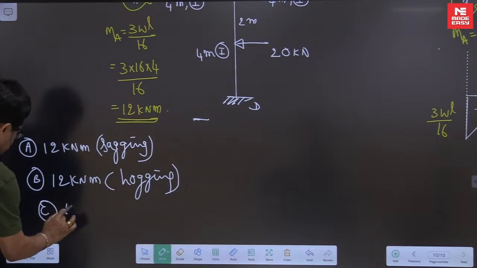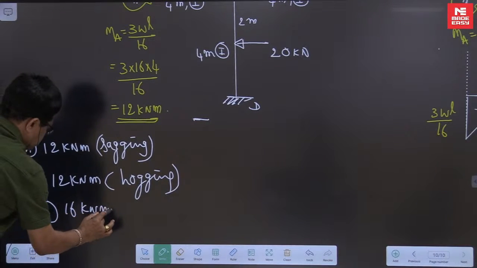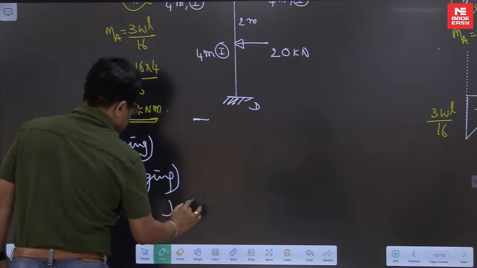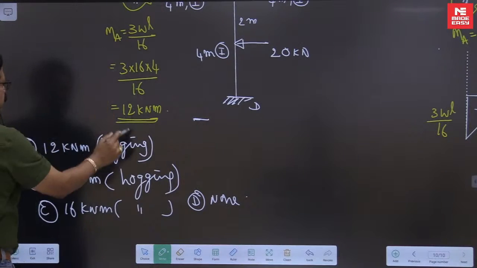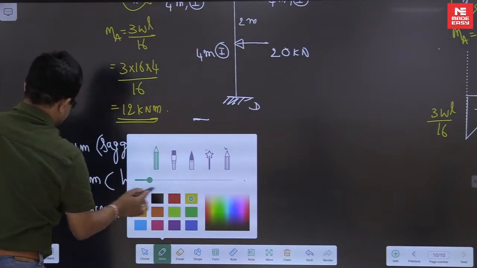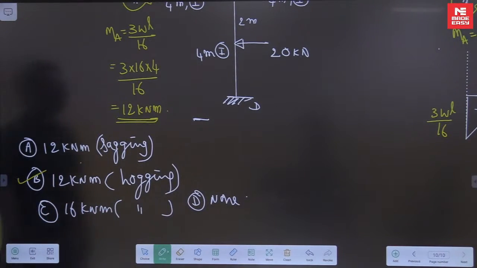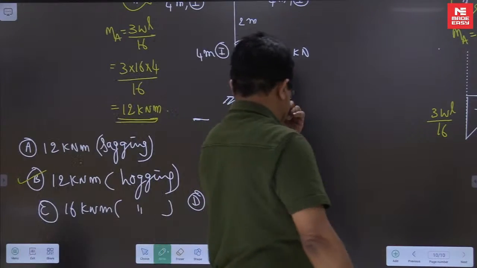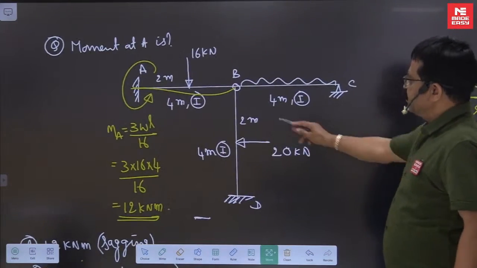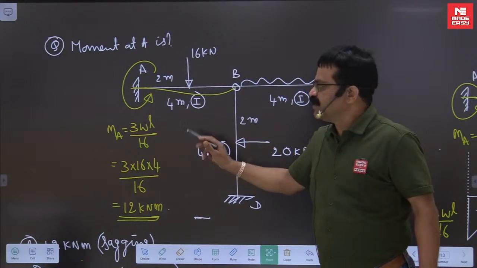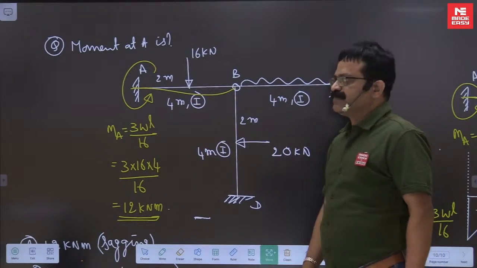Like this, some other options. So 12 kilonewton meter hogging. Like this we should be able to answer. If a hinge is there which does not deflect, this is the way you have to manage the problems.